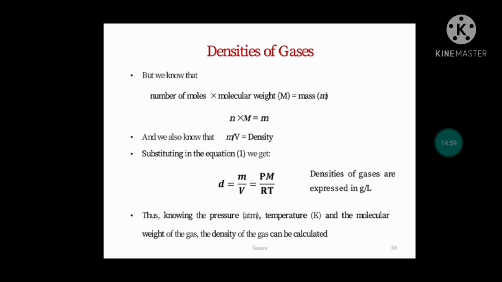So instead of n into M, I can write small m, and small m upon V, that is mass upon volume, is equal to density. So density is equal to P multiplied by M divided by RT. So with the help of this ideal gas equation, I can also find out the density of the gas.